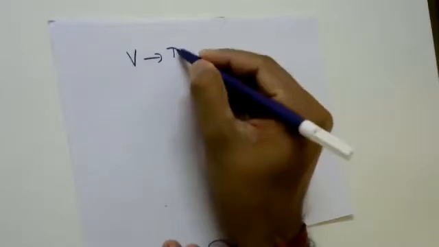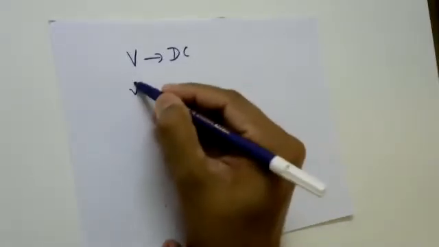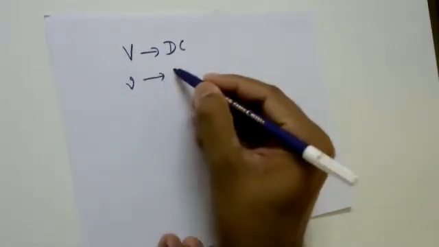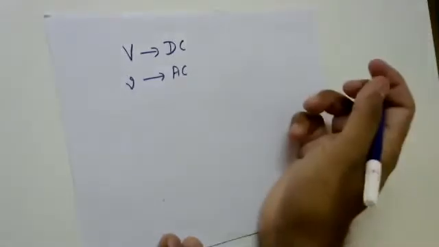Now, for any parameter, let me say my base current, yesterday itself we have interacted saying that the capital term is being used for DC parameters and the small parameters are being used for AC parameters.